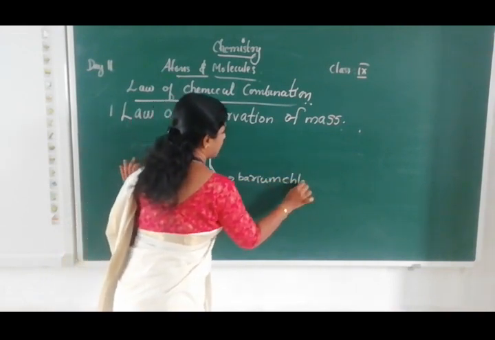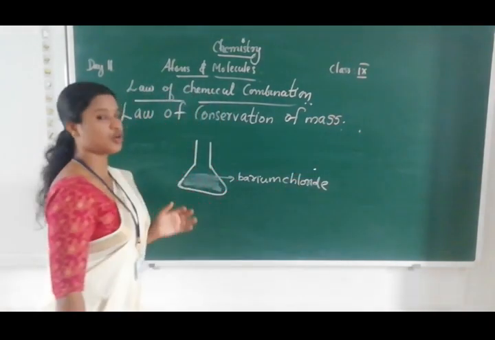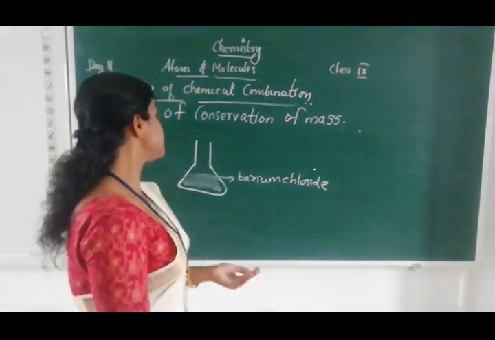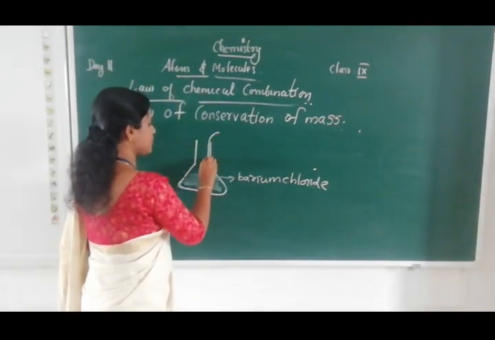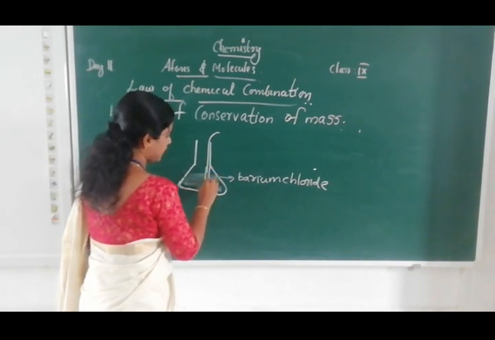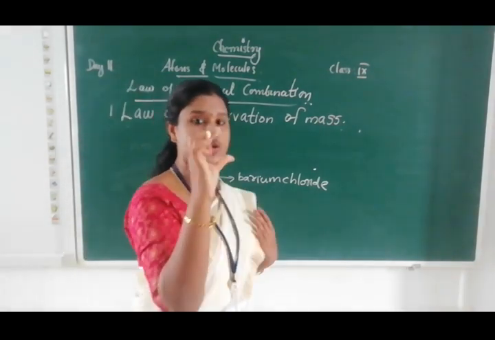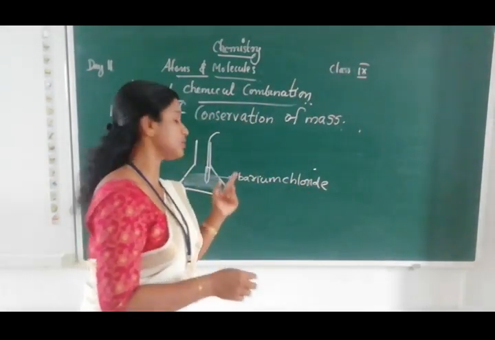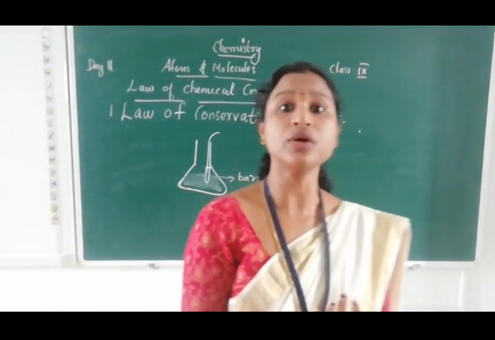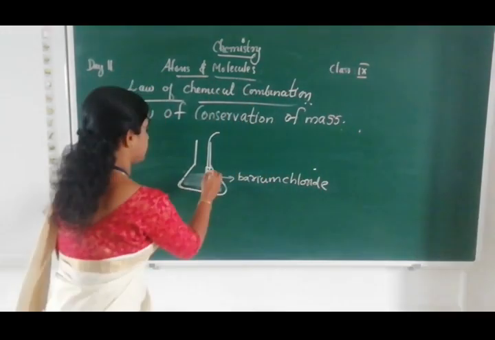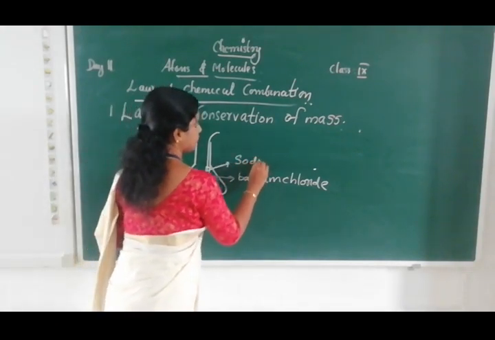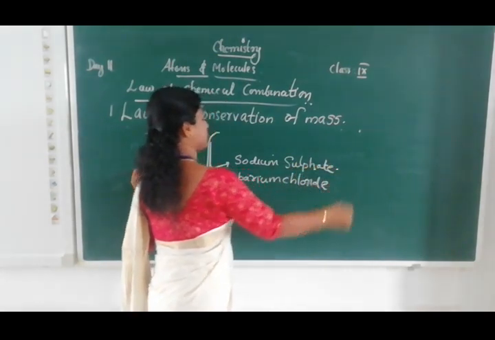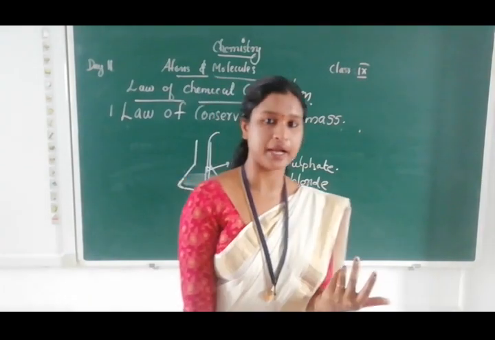To this, by using a coin, a small ignition test tube is hanging inside the conical flask, and in this test tube, we took the sodium sulfate. So two compounds should be taken.